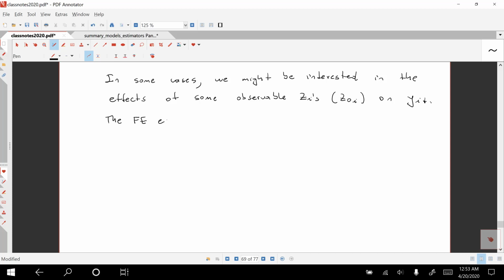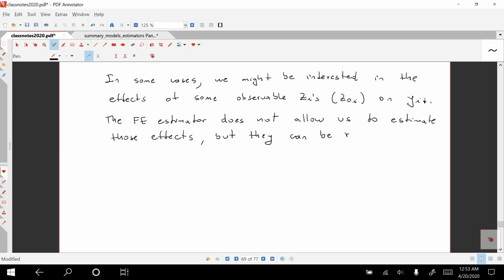The fixed effects estimator does not allow us to estimate those effects, but they can be recovered under a very strong set of assumptions.